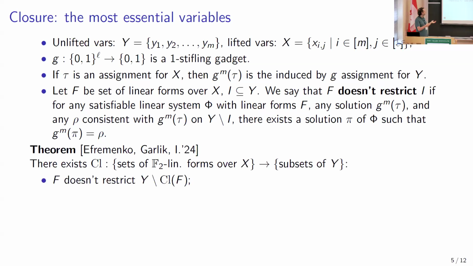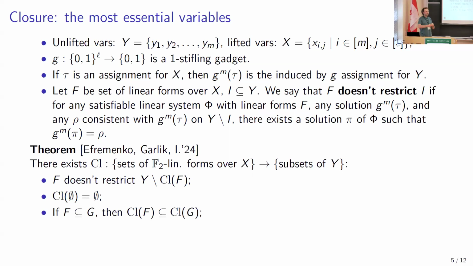What properties should it have? First of all, that F should not restrict variables out of the closure. The second, if we have the empty set, then the closure is empty, no essential variables.